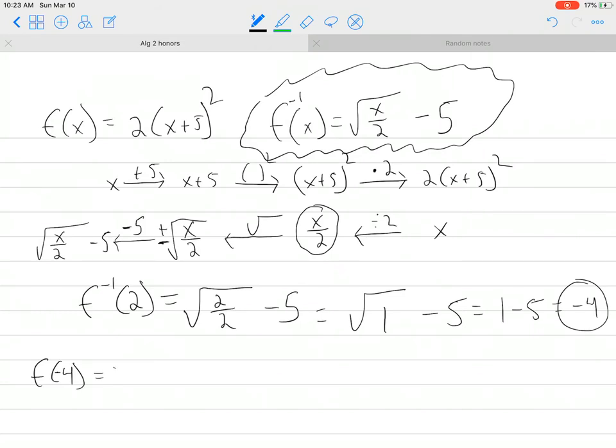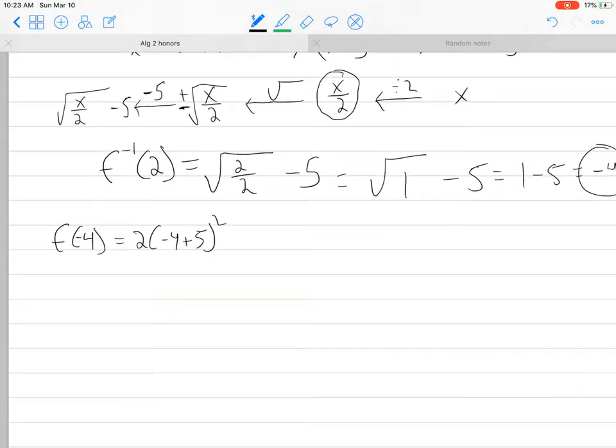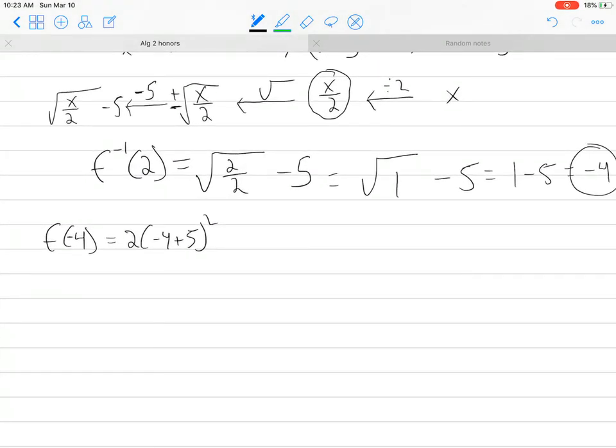Please work, please work, please work. 2 times negative 4 plus 5 squared. Okay, let's see. 2 times negative 4 plus 5 is 1 squared. Okay. 1 squared is 1. 1 times 2 is 2.